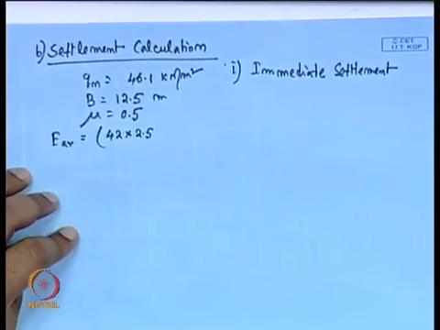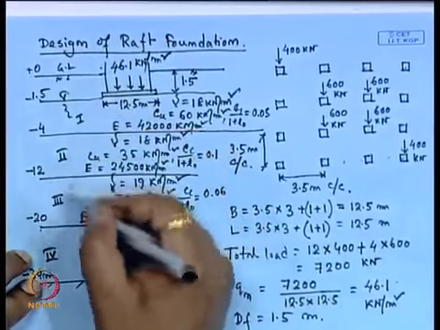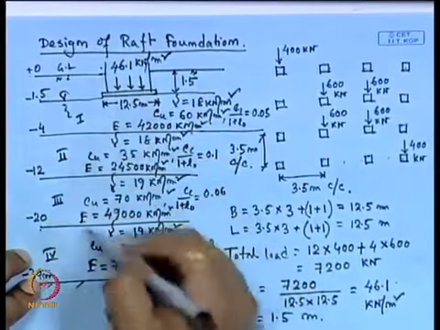So, we can see from this figure that for the settlement calculation we will consider this width up to twice B, or 25 meters.